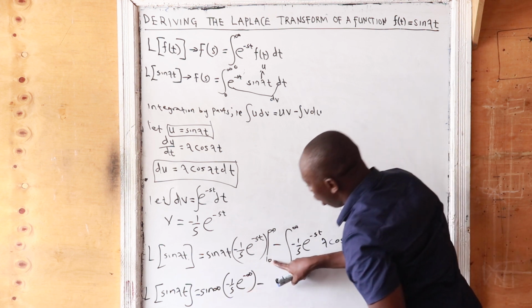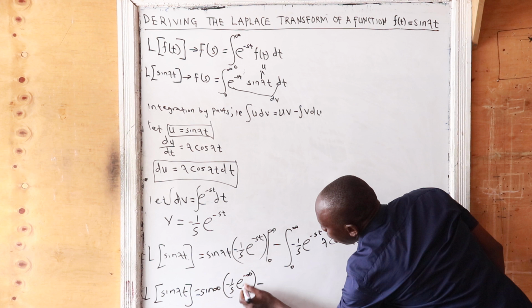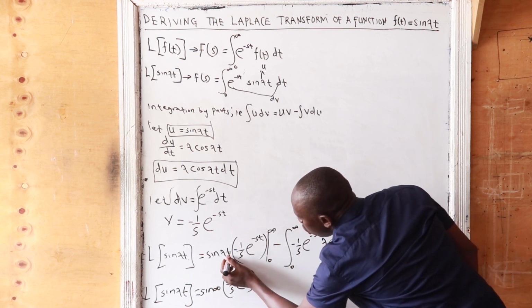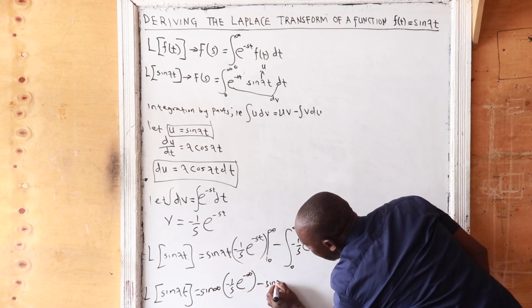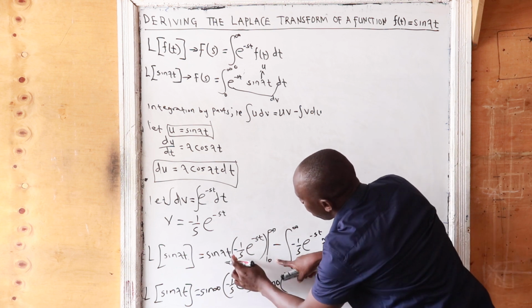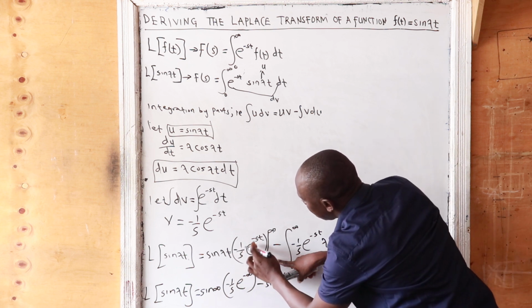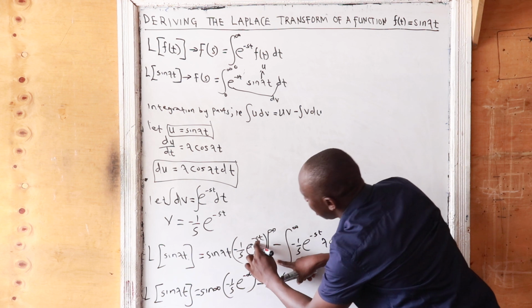Minus the lower boundary, t being 0: sin 0 times exponential minus st with t being 0.